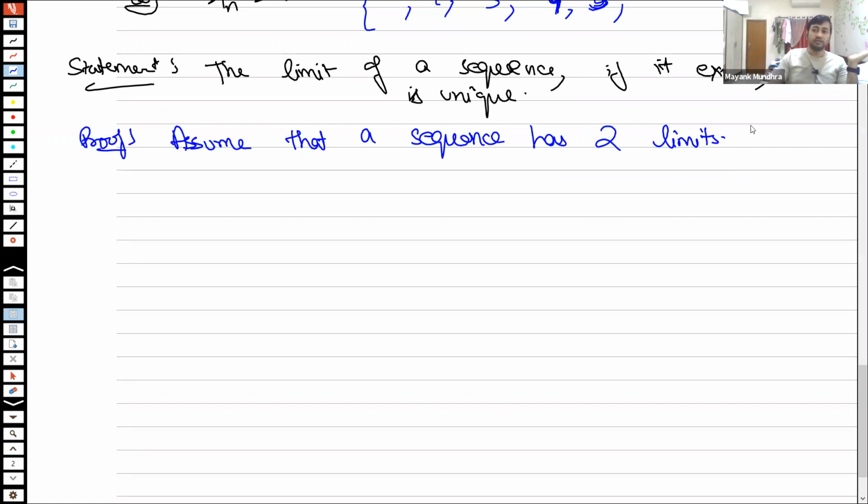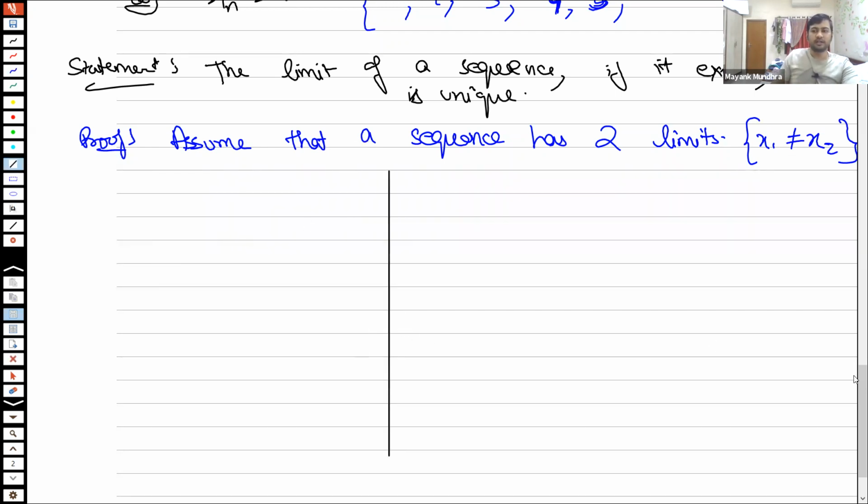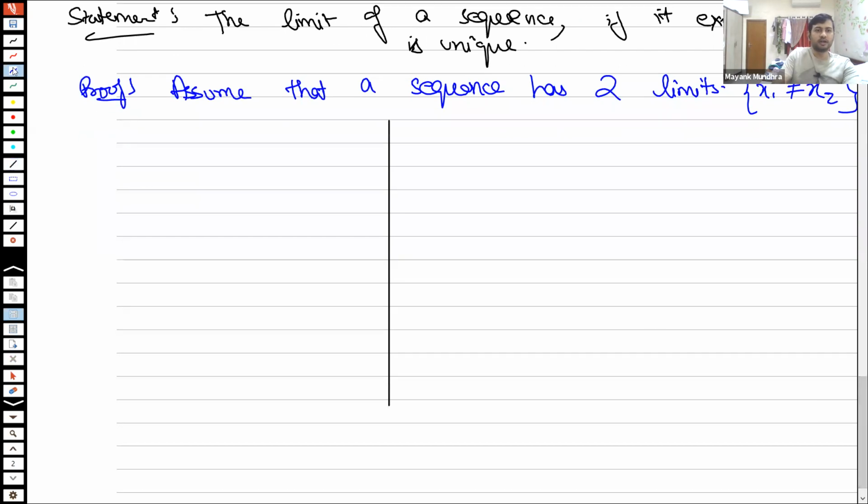Okay, what are the two limits? The two limits are going to be, let's say, x1 not equal to x2. So these are the two limits of my sequence. Let's say the two numbers are like this: this is my x1 and this is my x2.